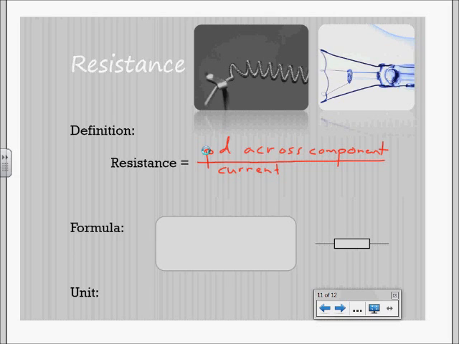This formula, written in words, is the definition of resistance. From which we get that R equals V divided by I. The units are ohms, represented by a Greek capital letter omega.